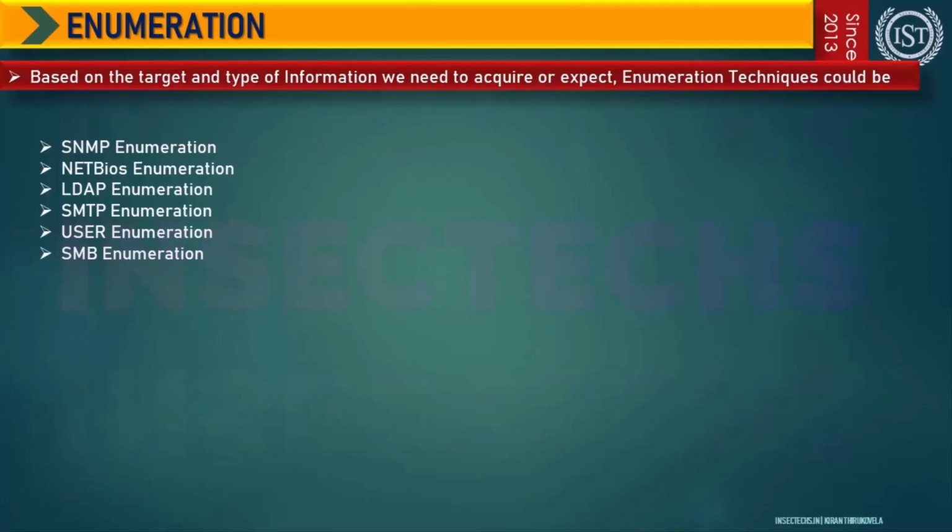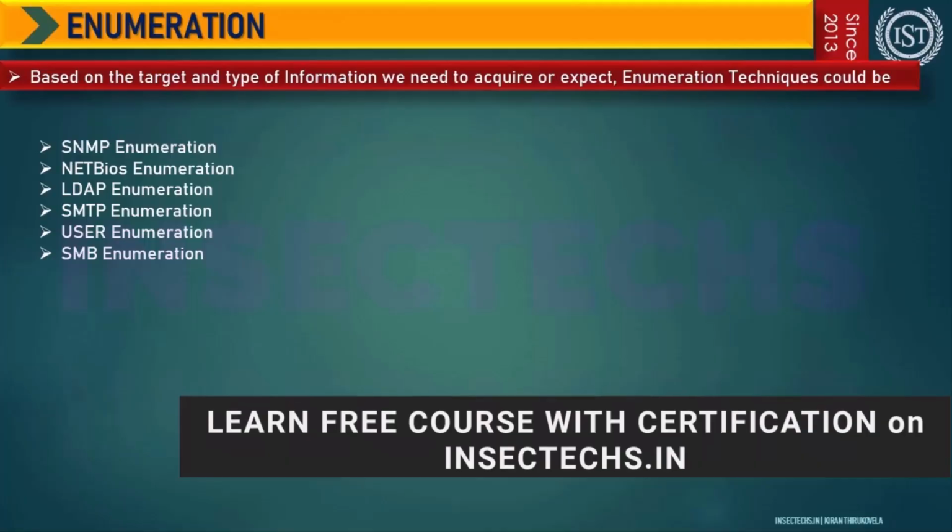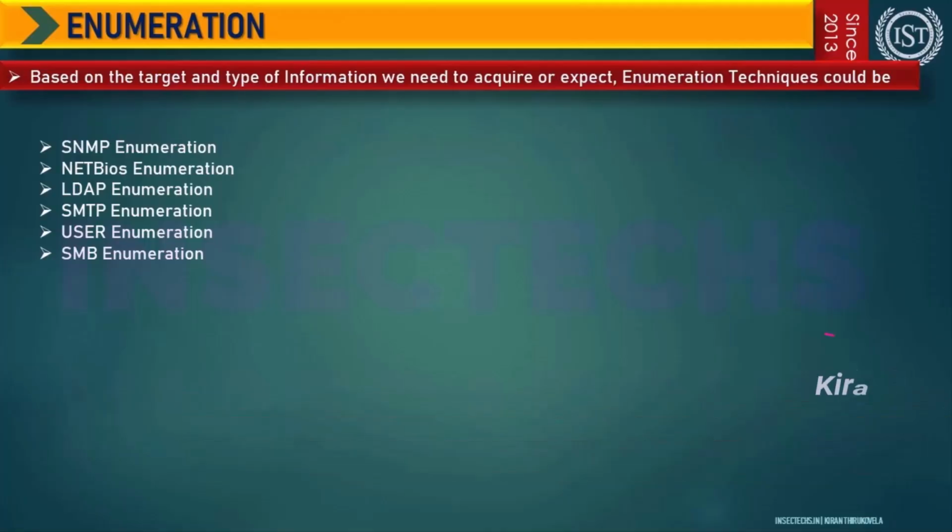Next, LDAP enumeration. The full form is Lightweight Directory Access Protocol, LDAP. It is a technique used in a network environment for network reconnaissance and security assessment, where you will try to gather information from LDAP directories or servers. LDAP is a protocol used for accessing and managing directory information such as users and group information within a centralized directory service, which you call an LDAP server or LDAP directory.